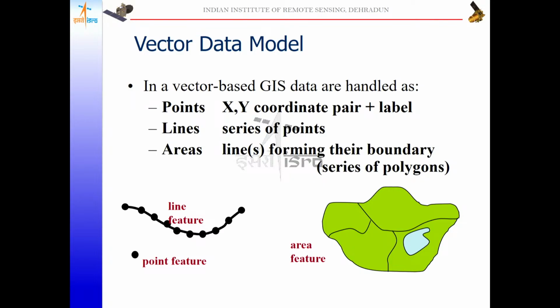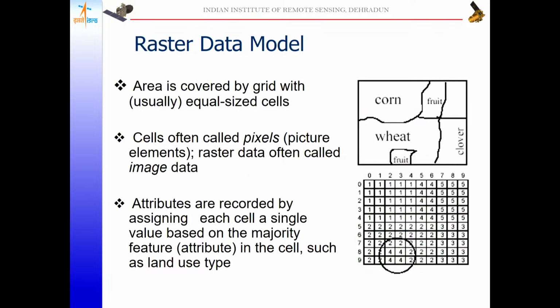So in vector data model, any feature or object on earth's surface is represented using point, either point or line or polygon, depending on size of the object on the ground. Whereas in case of raster data model, your entire region, for example this one, this is the region you want to represent using raster data model.